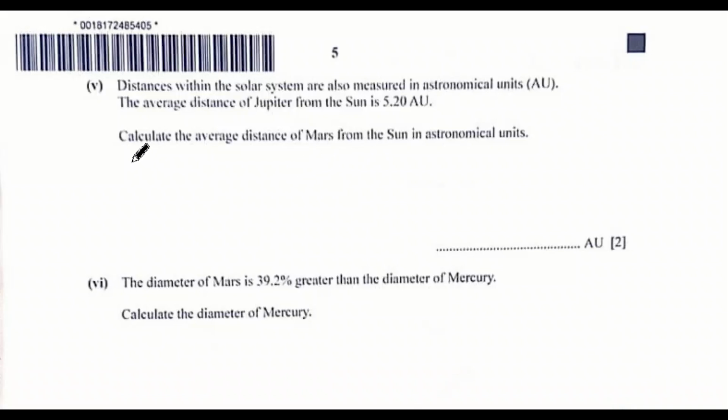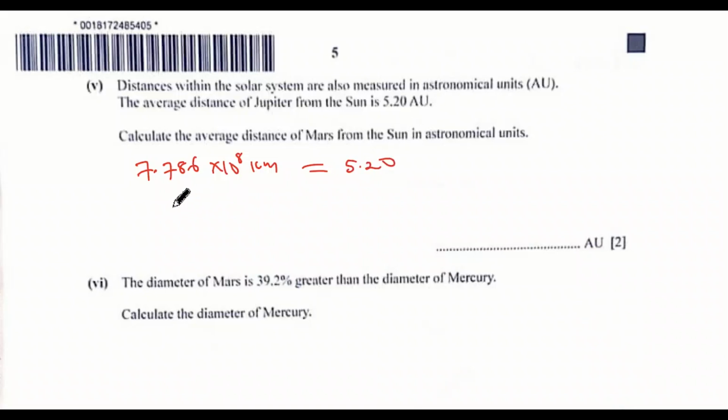We know that the distance of Jupiter in kilometers is given as 7.786 times 10 to the power of 8 kilometers. And the corresponding average distance of Jupiter in astronomical units is given as 5.20.